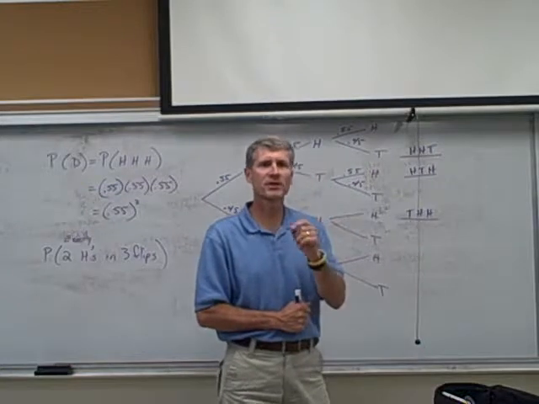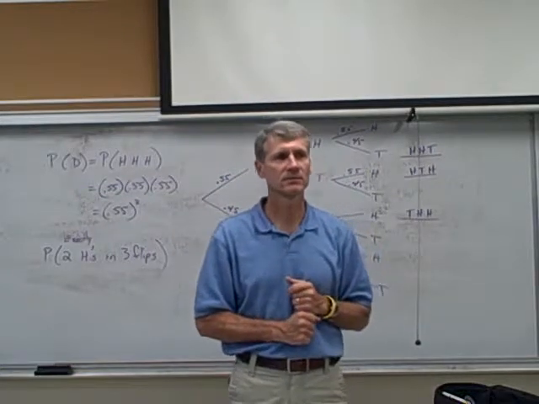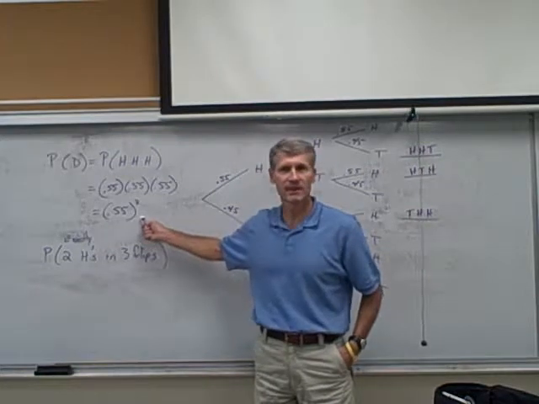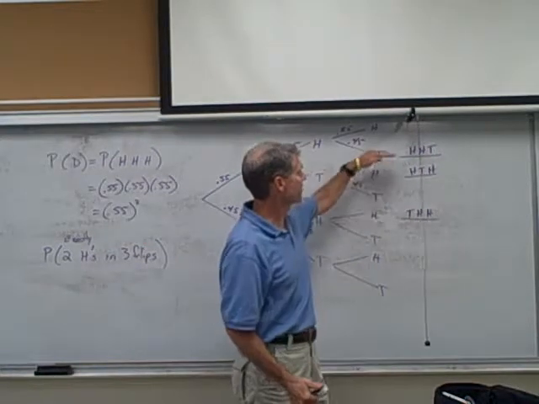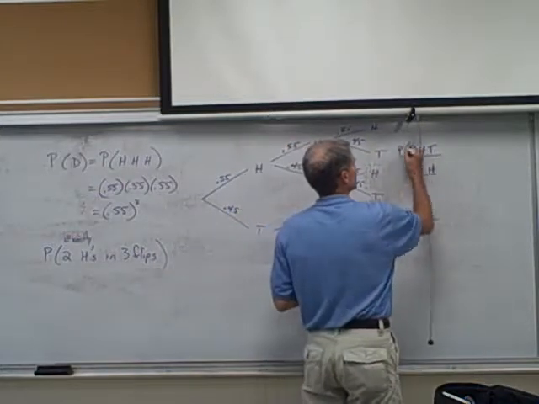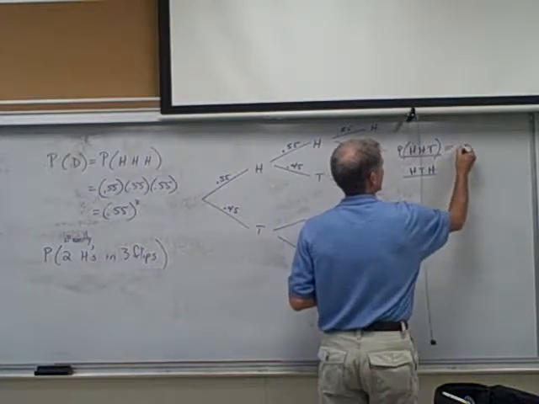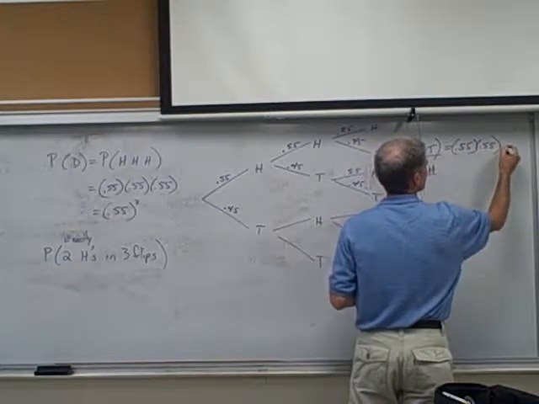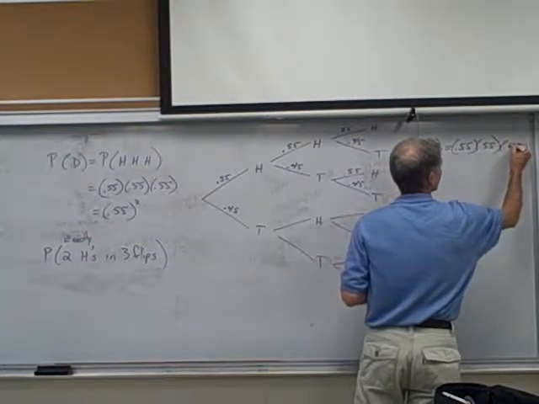Well, what's the probability of all 3 heads? 0.55 cubed. We already did that one, right? What's the probability of this branch right here? Okay, 0.55 times 0.55 times 0.45.